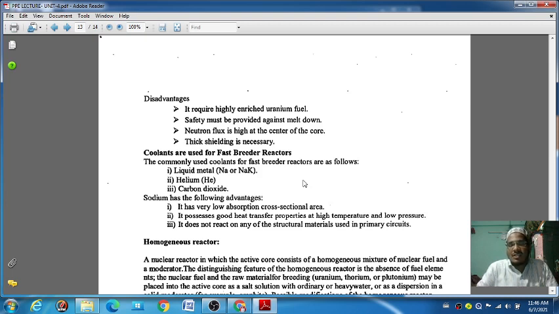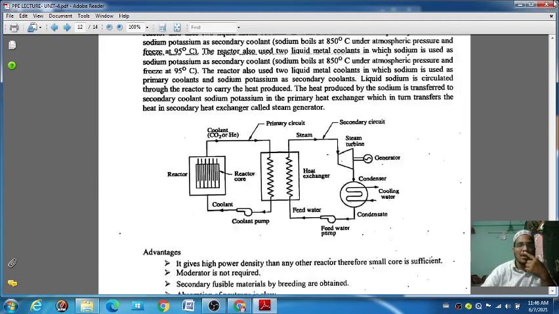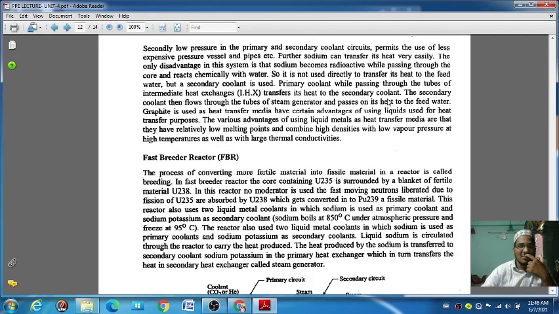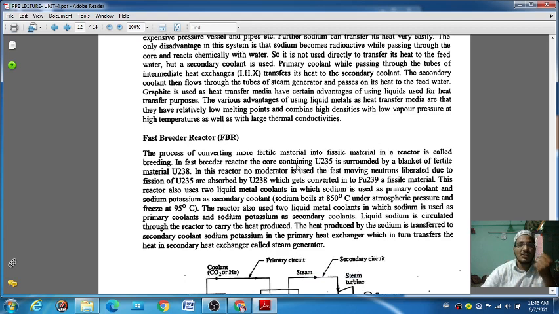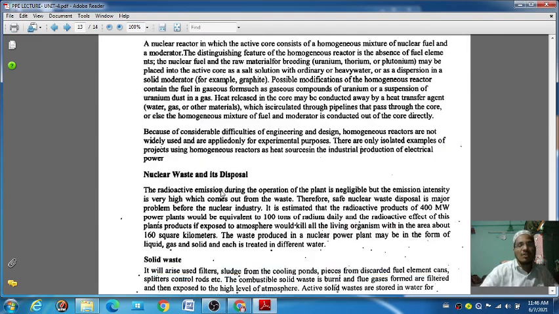We already discussed this while discussing the fast breeder reactor. Because there is no moderator here, we are using more uranium, U-235, for neutron fission.